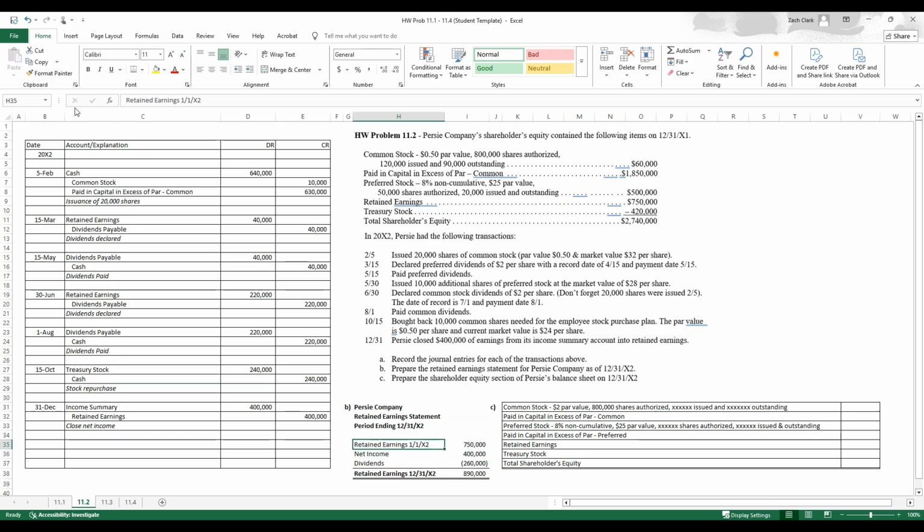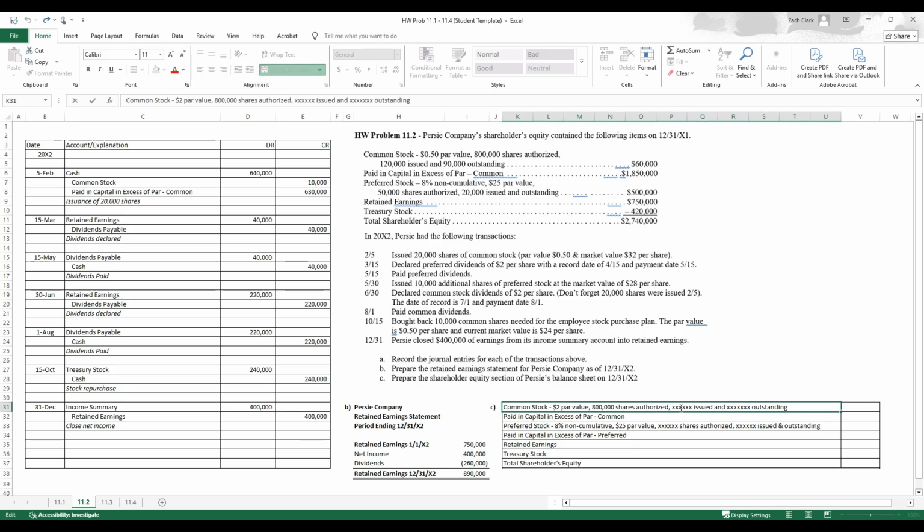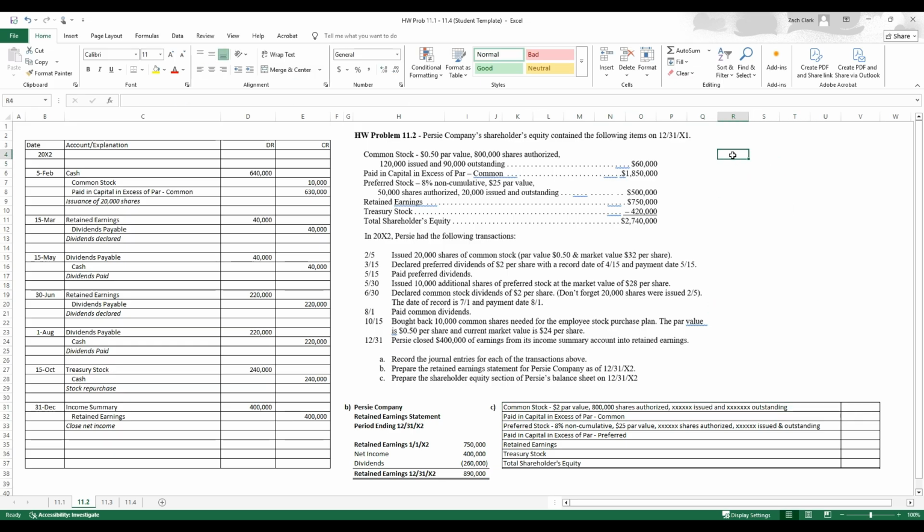Now we'll come over and complete. So that part B is finished. Now C will say prepare the shareholders equity statement section here. So here's what it was before, right? We need to do some updates. So how many shares were issued? How many were outstanding? So let's take a look back through, and here we issued 20,000 shares of common stock. This may be helpful: let's do CS and preferred stock, PS.